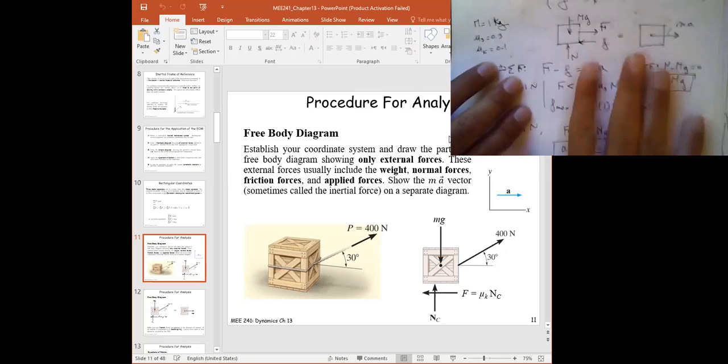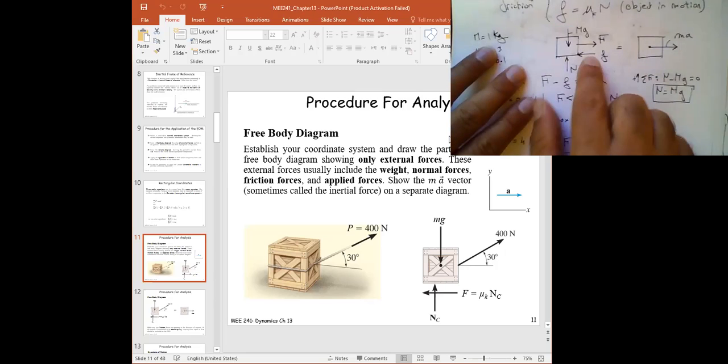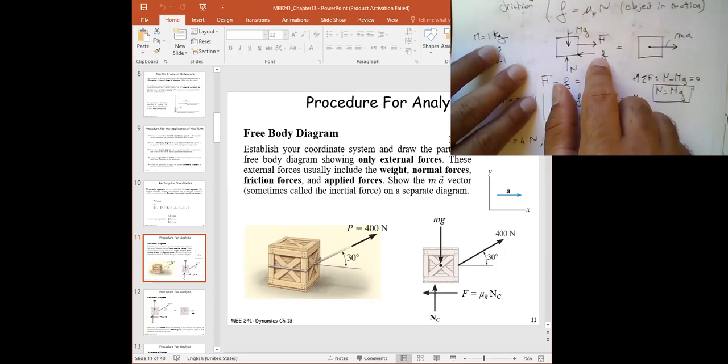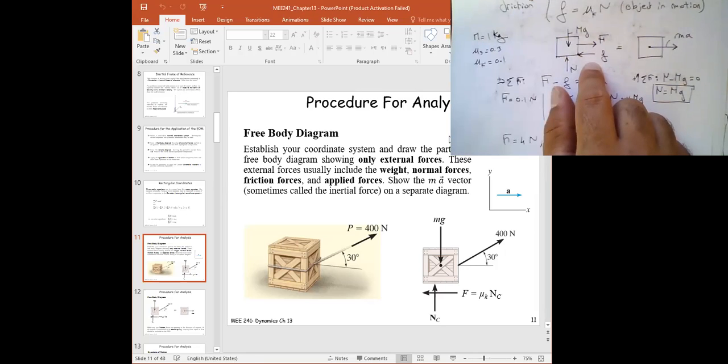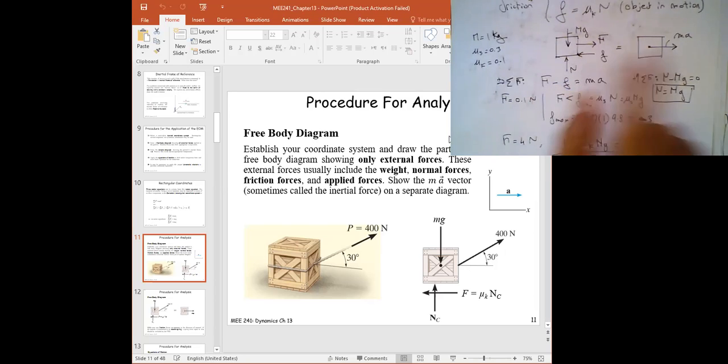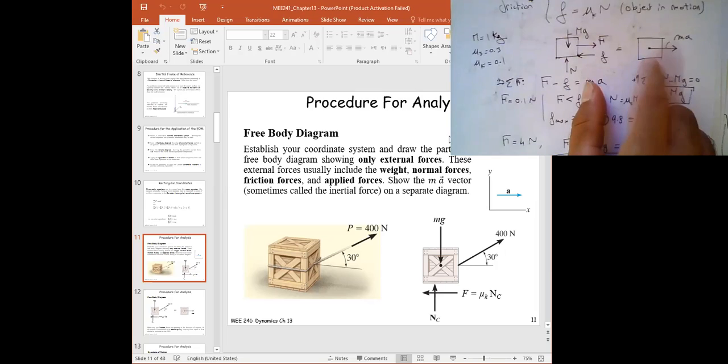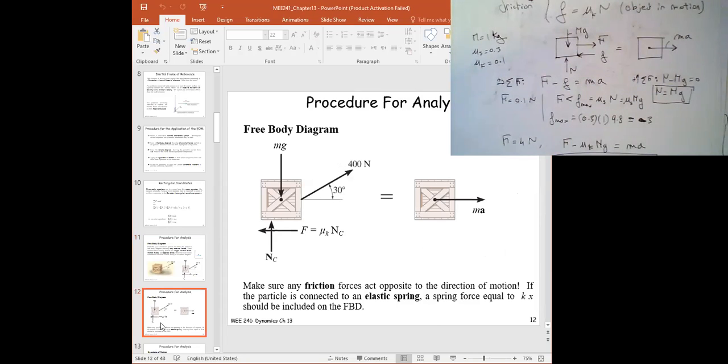What I want you to know out of this exercise is that the friction will always be equal to the force that you are applying, so long as the friction is below mu s times mg. Once the force is greater than mu s mg, the object will move, and then you can find its acceleration.